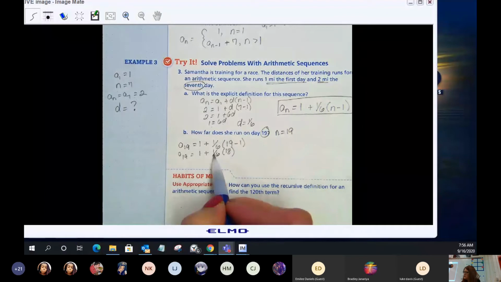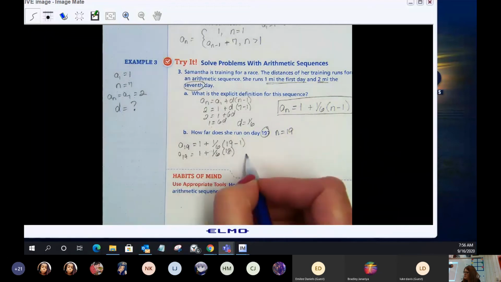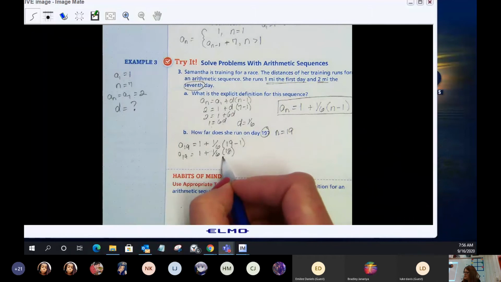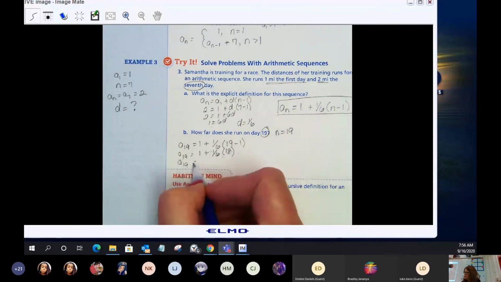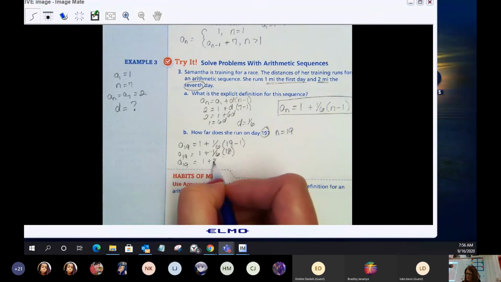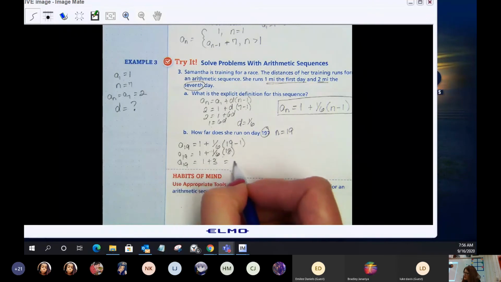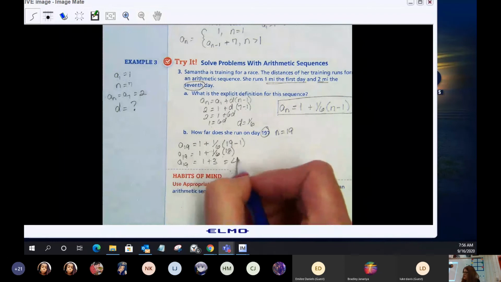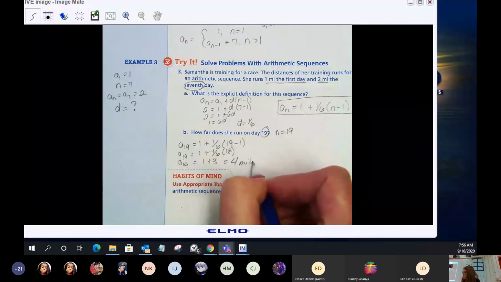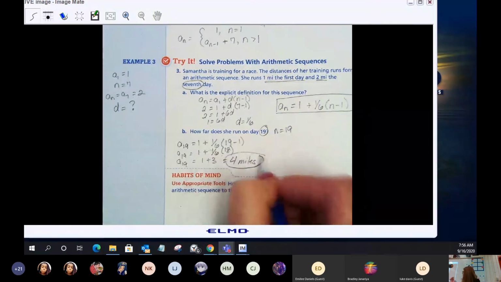And remember, when you're multiplying a fraction by a whole number, numerator, multiply across, so that's 1 times 18 is 18, divided by 6, which is 3. So the a sub 19 equals 1 plus 3. So that tells me that on day 19, she has run 4 miles.